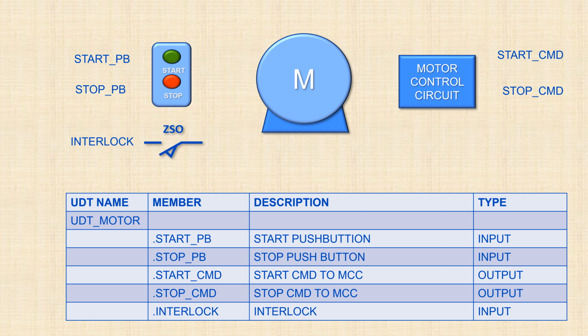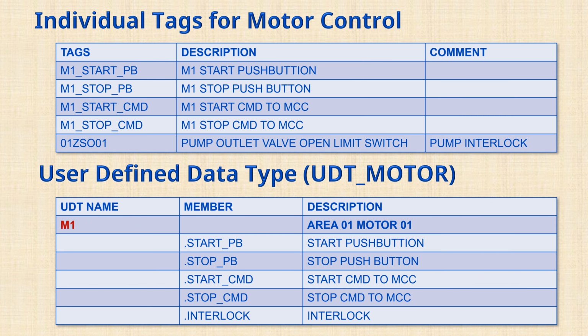Now, this is a template only. Once this template is created, we could create as many instances from it as required, one for each motor. Using the template that we created, we have created an instance from it and named it as M1. Now this one UDT tag has all the component tags related to our M1 motor.